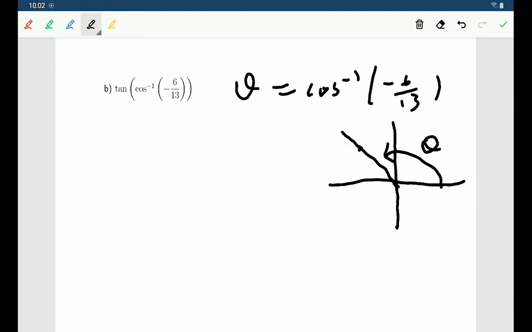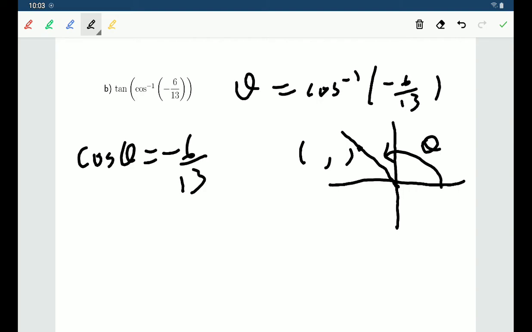I also know that I'll have a point on the terminal arm, an x, y point, and we'll talk about that in just a minute. Here we know that if theta is cos inverse of negative 6/13, then cos of theta is negative 6/13.